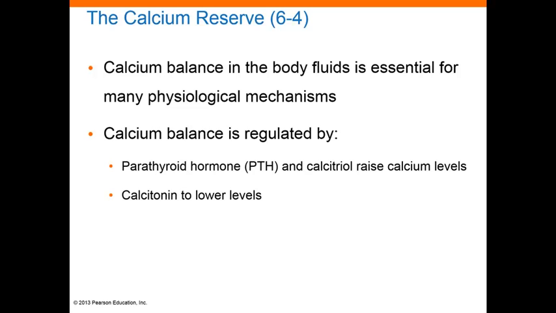Calcitriol and PTH are going to raise calcium levels in the body fluids. Oppositionally, calcitonin from the thyroid gland will oppose these hormones and will lower the calcium levels in body fluids. And we'll discuss these hormones and their regulation of the calcium balance more in Chapter 10 when we talk about the endocrine system.